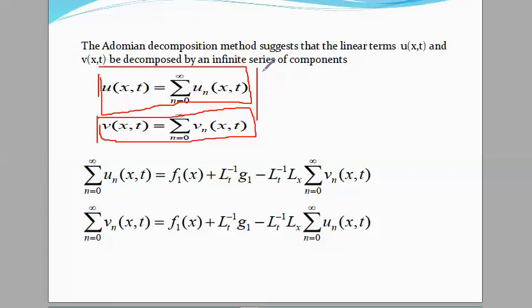So we replace the above equations by this summation form.